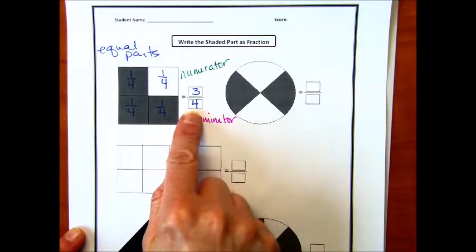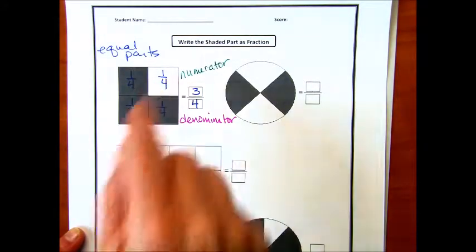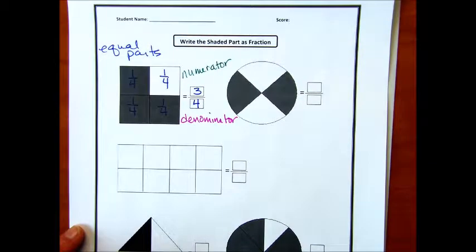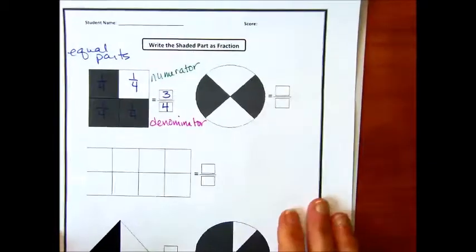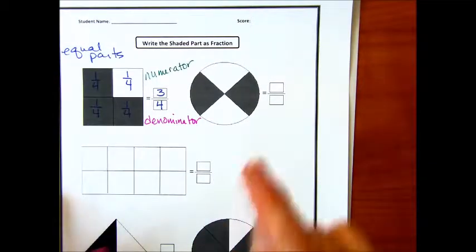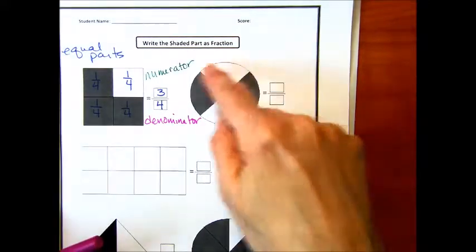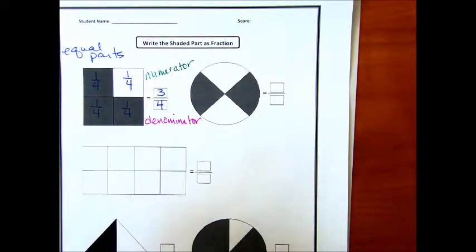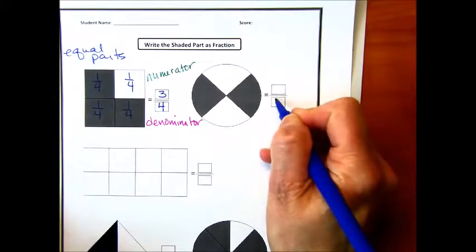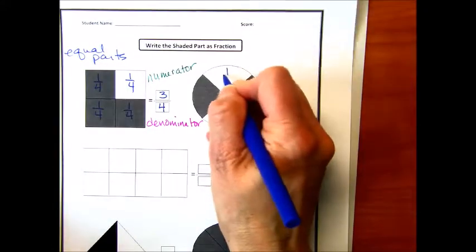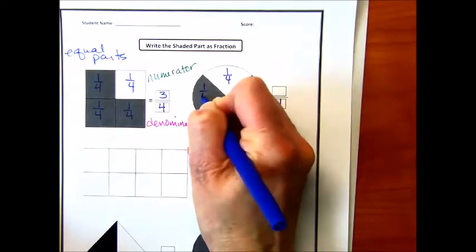So if there's 4 needed to make a whole, then each part is worth 1/4 of that whole. Notice in the second one, we've got a circle, and also these are broken up into fourths, 4 equal parts. So again, each part is worth 1/4.